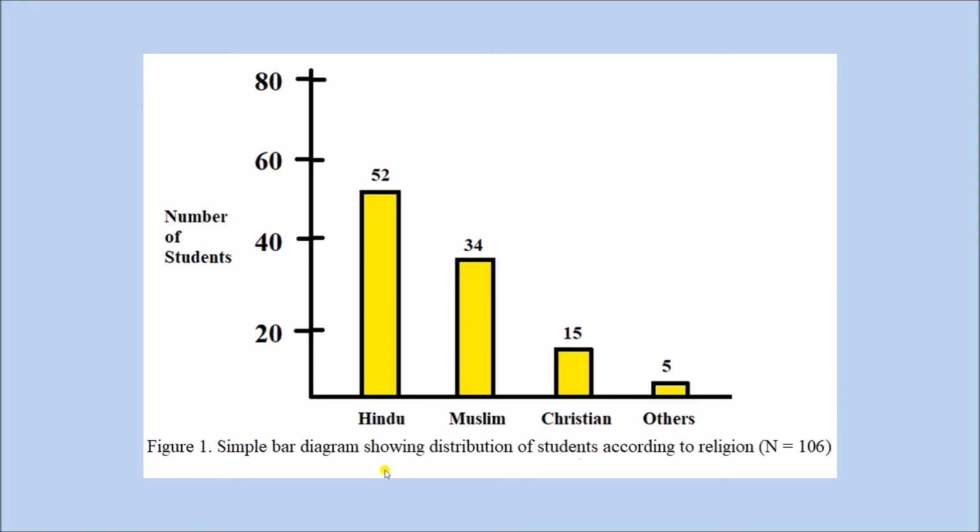Also, we must mention the number or the frequency of students for each religion above each bar. This is important. So we have 52 Hindu students, 34 Muslim students, 15 Christian students, and 5 students belonging to other religion.